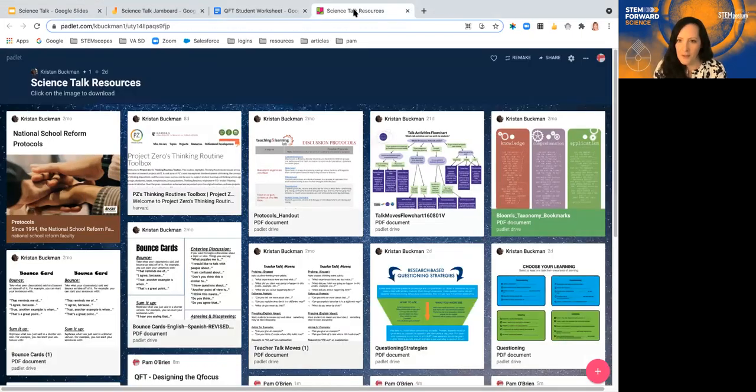And I believe Pam's going to add the Padlet link to the chat box. So if you head over to the chat box, you can click on the Padlet and we can just give you a quick overview of what to expect. So we did add the National School Reform Protocols. They have some amazing free protocols that you can search for.